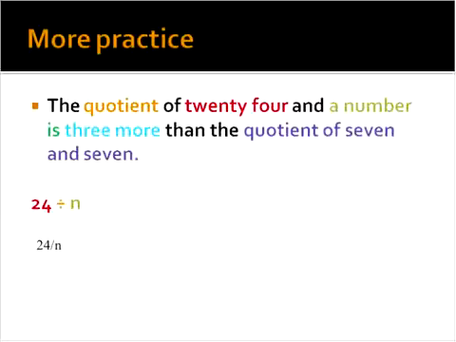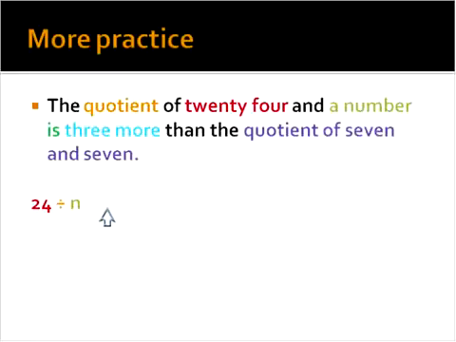I don't know if that's big enough, but that would be the other way to write that. 24 divided by n is oftentimes written 24/n. That's another symbol that they use in computer terms or whatever to mean division. But in our case, we're going to use 24 divided by n. That is the quotient of 24 and a number.